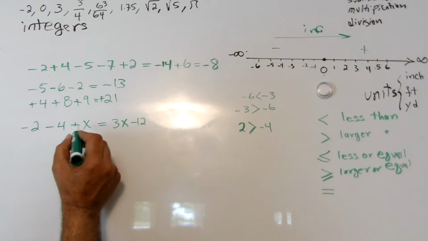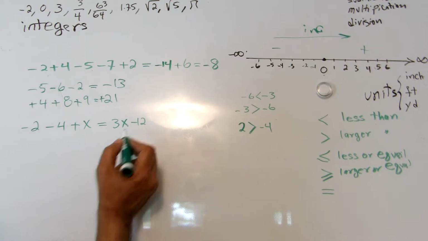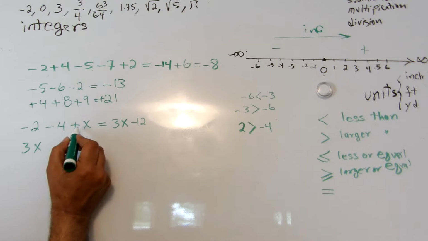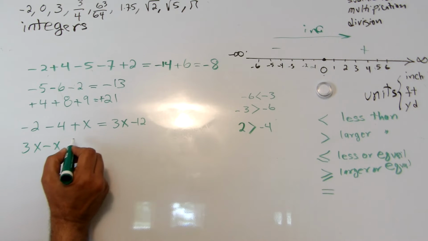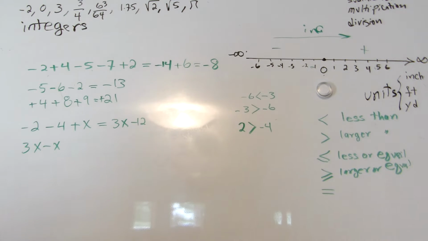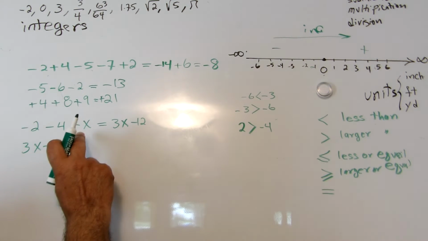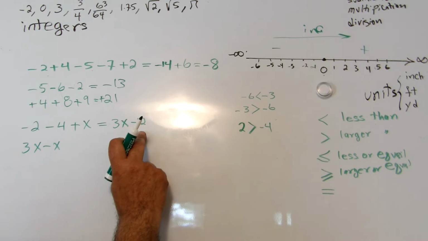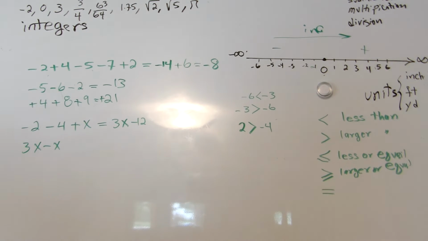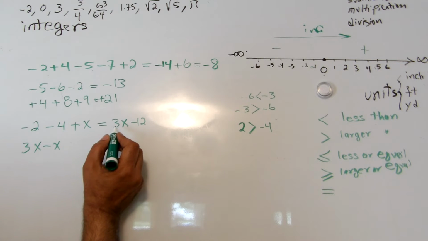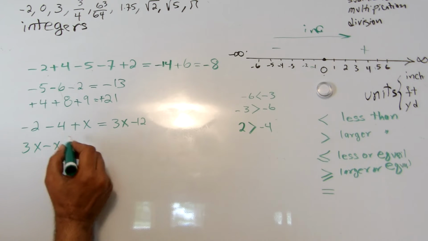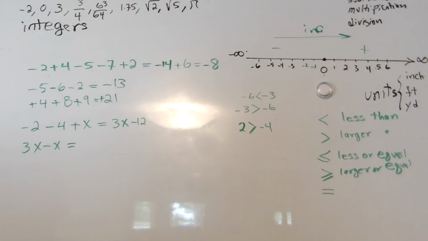We move this one to the other side of the equality and it's going to be 3x minus x. Now remember that this one has gone to the other side and changed its sign.